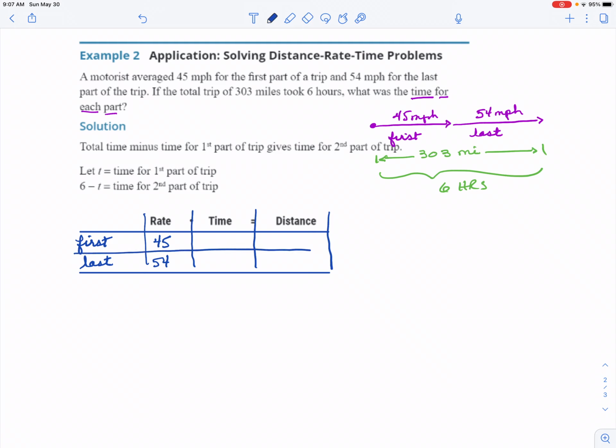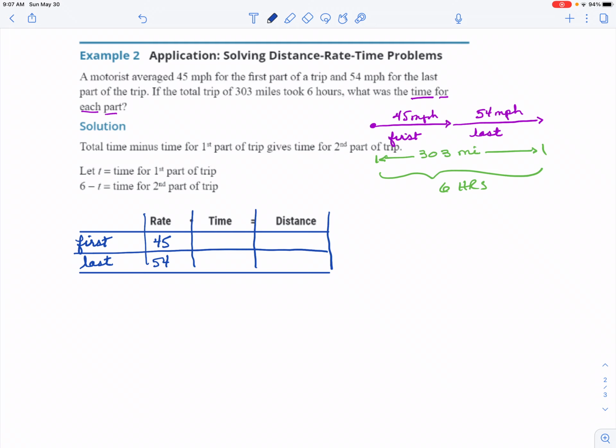No, because the first part of the trip was not a total of 303. First part would have been a little bit different, possibly from the second part. I suppose they could have been equal, but I'm saying this to say it's real easy just to throw numbers around. You can't do that.